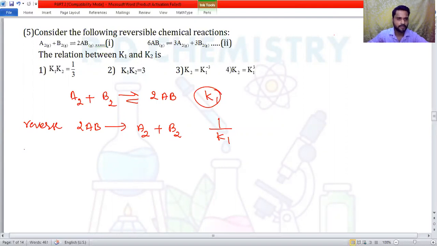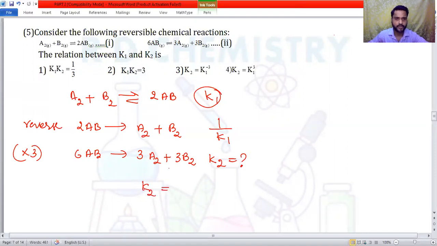Now, the same equation I multiply by 3. When I multiply by 3, I'll get 6AB gives 3A2 plus 3B2. And that is the second equation actually. And they're asking what is the K2 value for this in terms of K1. So K2, we get a second equation from the first equation.